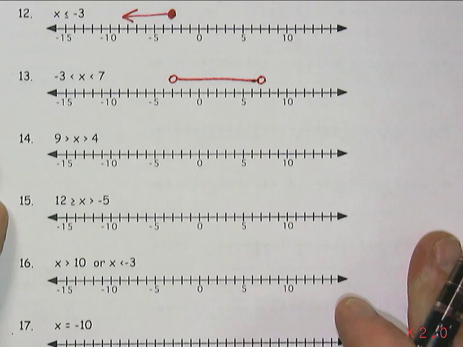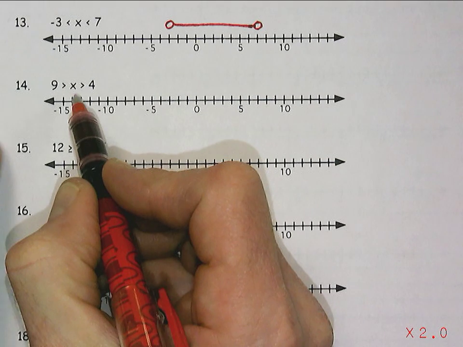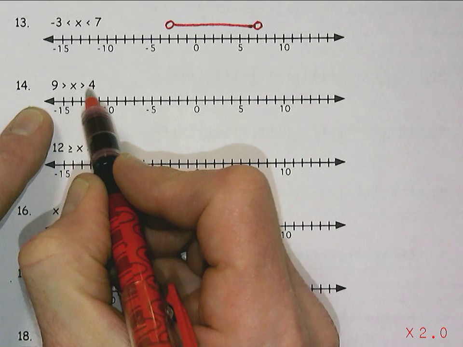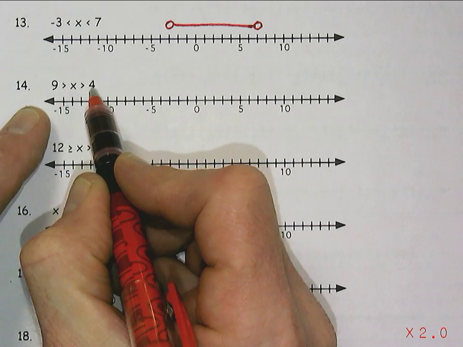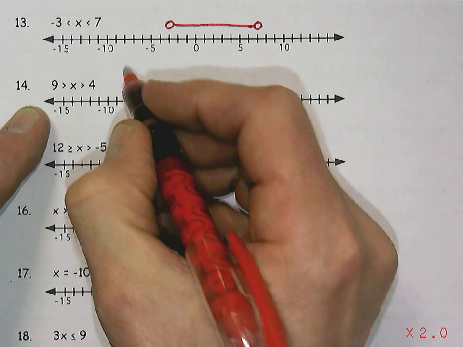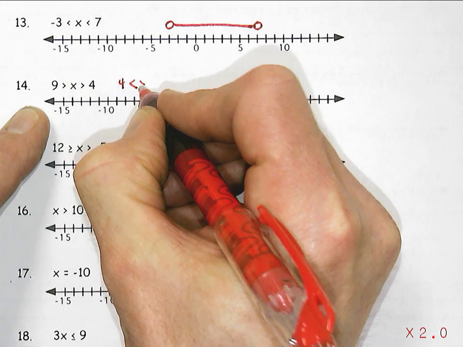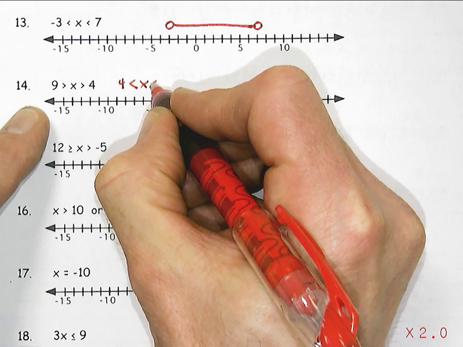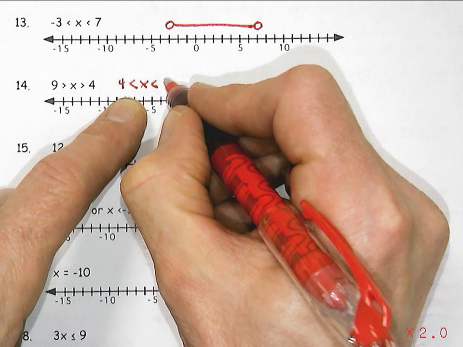And if we go down to number 14, again, a similar situation. We look at the values here. X is really between these two values, between 9 and 4. The 9 is first and the 4 is second, but we could flip this around and literally rewrite it this way: 4 is less than x, and x is less than 9.